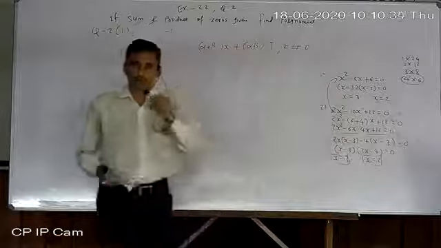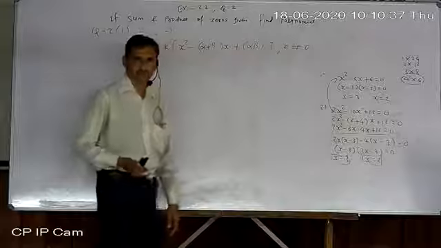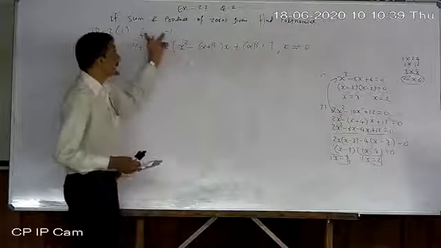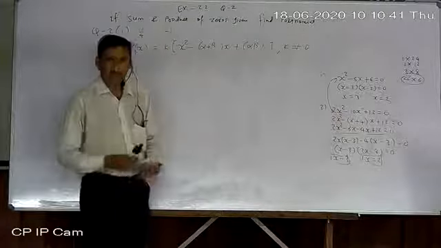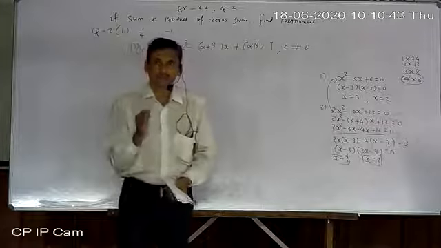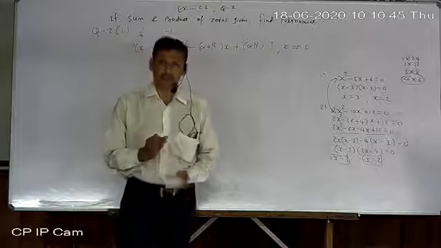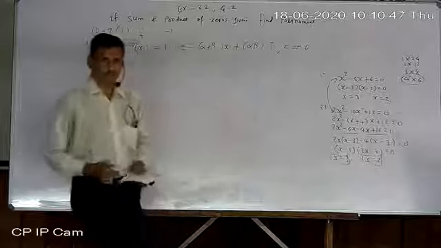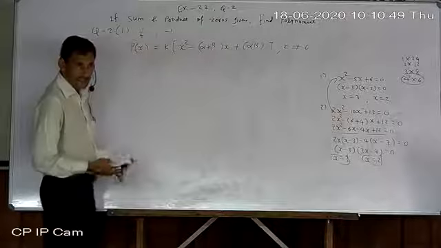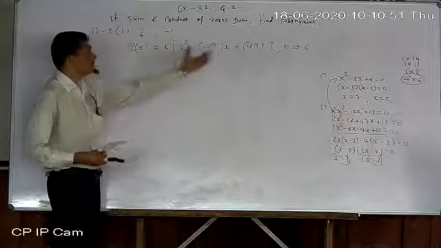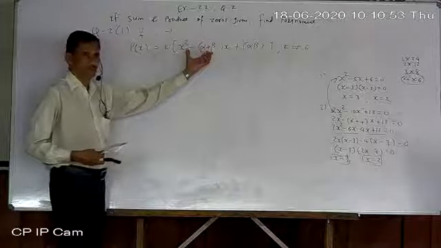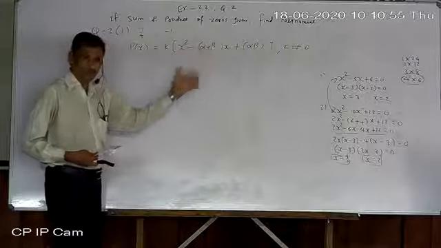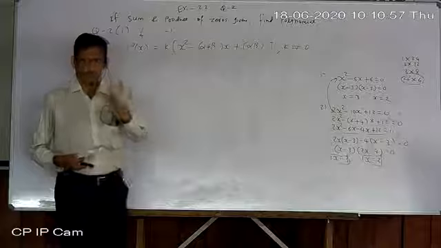So I hope you understand. If the sum and product of zeros are given, then there is not a fixed answer. So many answers are there, but we have to give the simplest form of that polynomial.